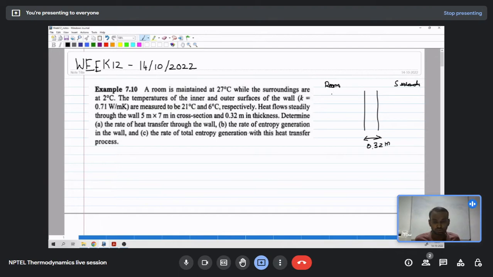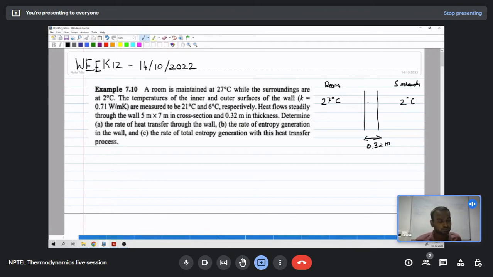The room temperature is 27 degrees Celsius, and the surroundings are at 2 degrees Celsius.